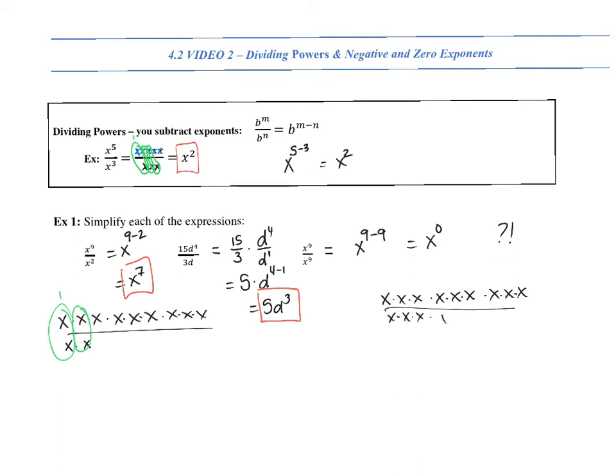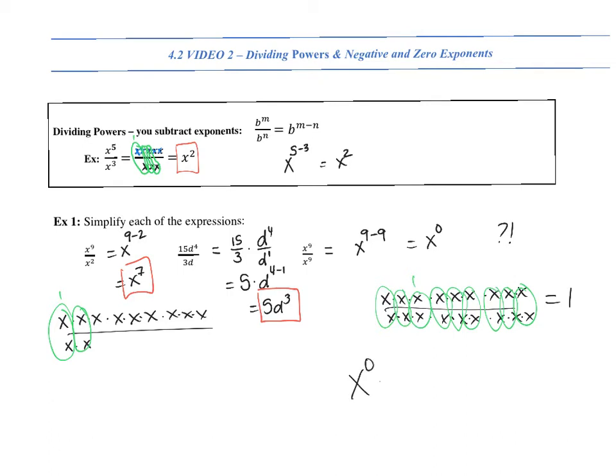All right, so what we've got here is the same number of x's in the numerator and the denominator. So all of these are going to divide to 1. And so this is just equal to 1.